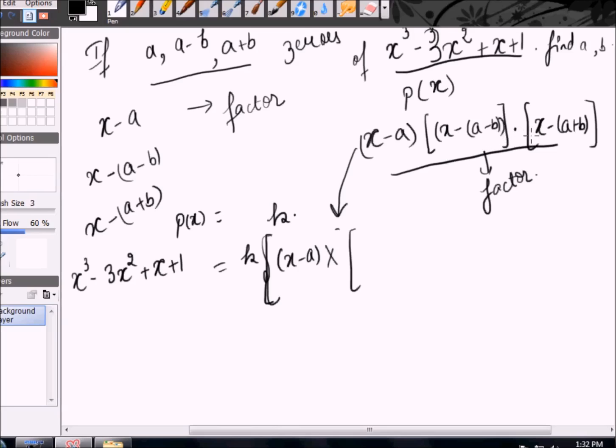We will decompose these two terms and get the product as x square minus (a minus b) into x minus (a plus b) into x. These two terms, when multiplied, both have minus signs and give a positive sign.